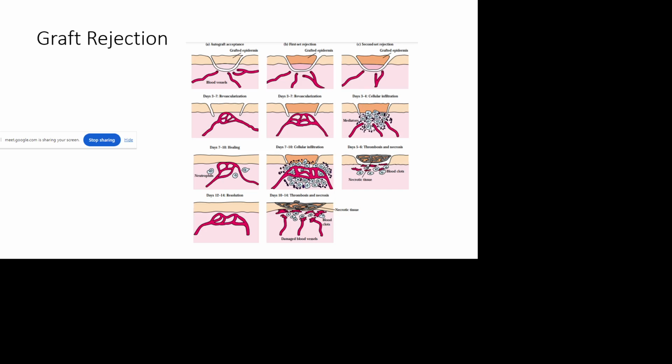The grafted tissue will undergo necrosis and be damaged. So there will be remnants of necrotic tissue within 5 to 6 days. The difference is there is no revascularization in the second set, unlike the first set rejection, and it is completed in day 5 to 6, but it takes day 10 to 14 for completion of the first set rejection. So that is the thing about graft rejection.